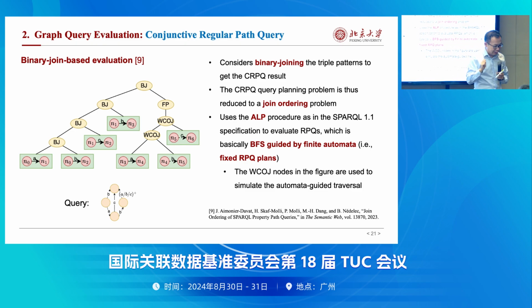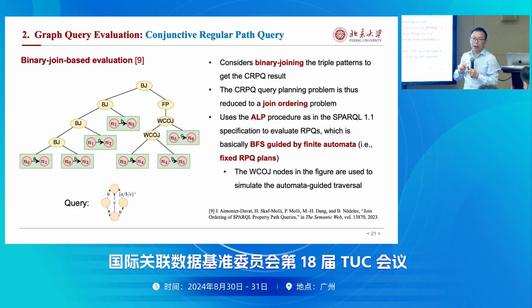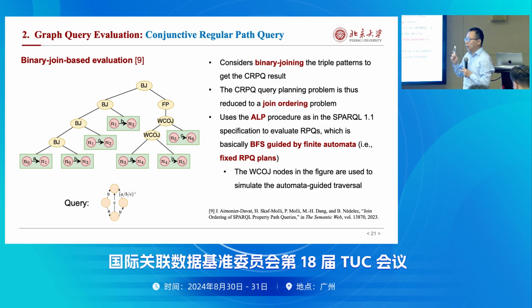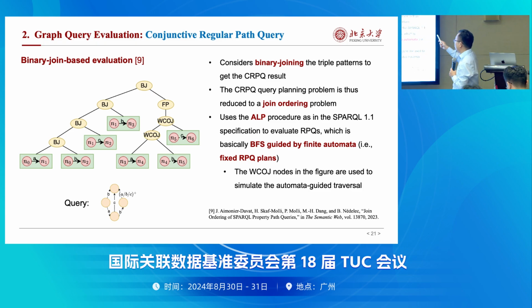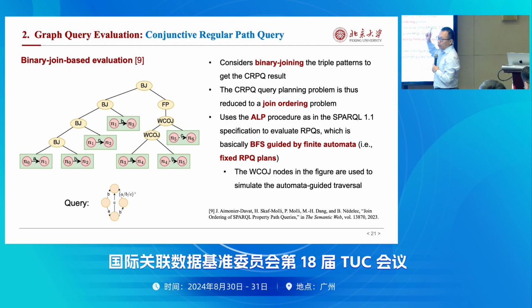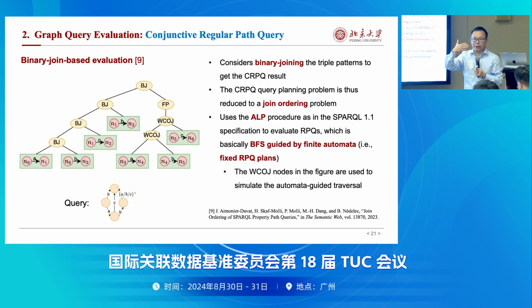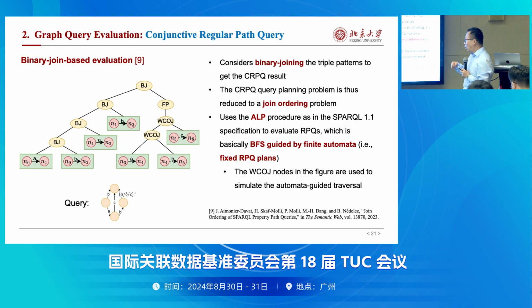So we call this the binary join based evaluation for the CRPQ query. For this method, the problem is reduced to the join ordering problem. So what ordering over the edges should be chosen to optimize the query planning.